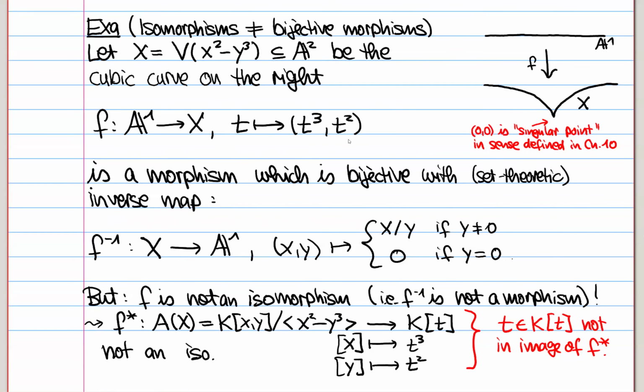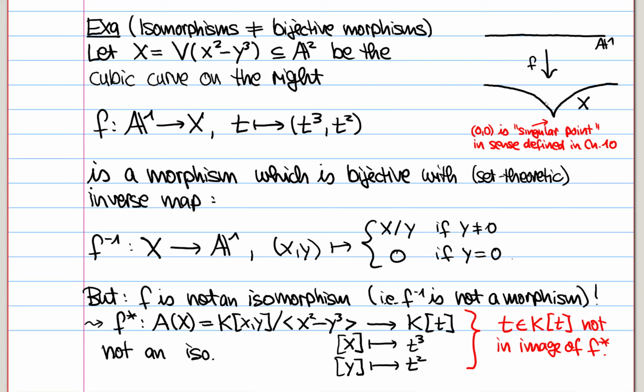The only point where this goes wrong is y equals 0, but if y equals 0, then this equation also forces x to be 0, and so this is only the point (0, 0). This is the unique point in the image of t equals 0. And then you can patch your map together. Away from the two origins, it's given by this map, and then you just by hand send this point to this point.